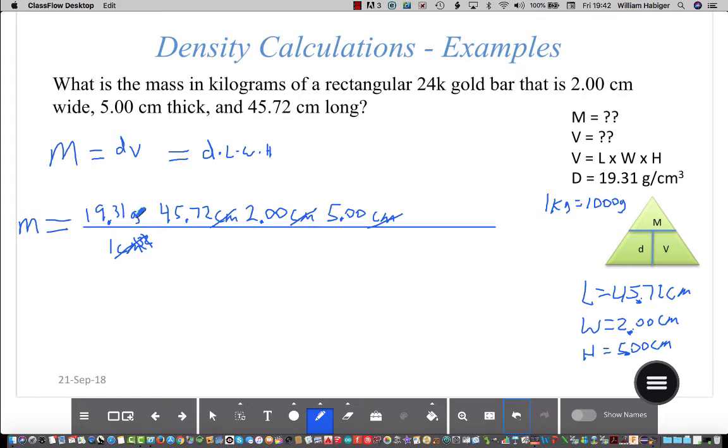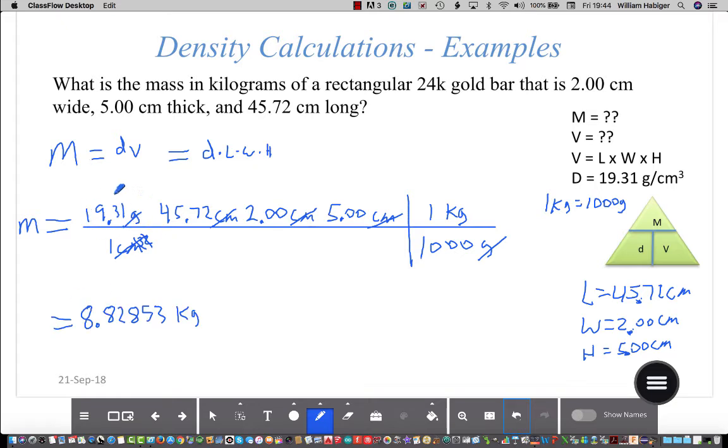Since grams are on top already, we want grams to cancel out, so we're going to put the 1,000 grams on the bottom, and the 1 kilogram on the top. And that vertical line I just drew just separates your different parts, to help you keep track of the different steps. So our grams are going to cancel out, and that's going to leave us with kilograms.